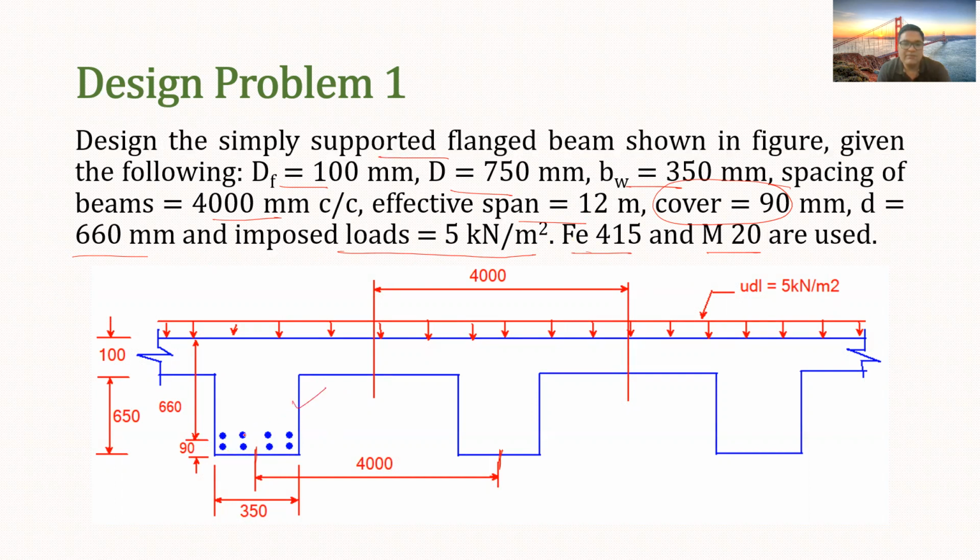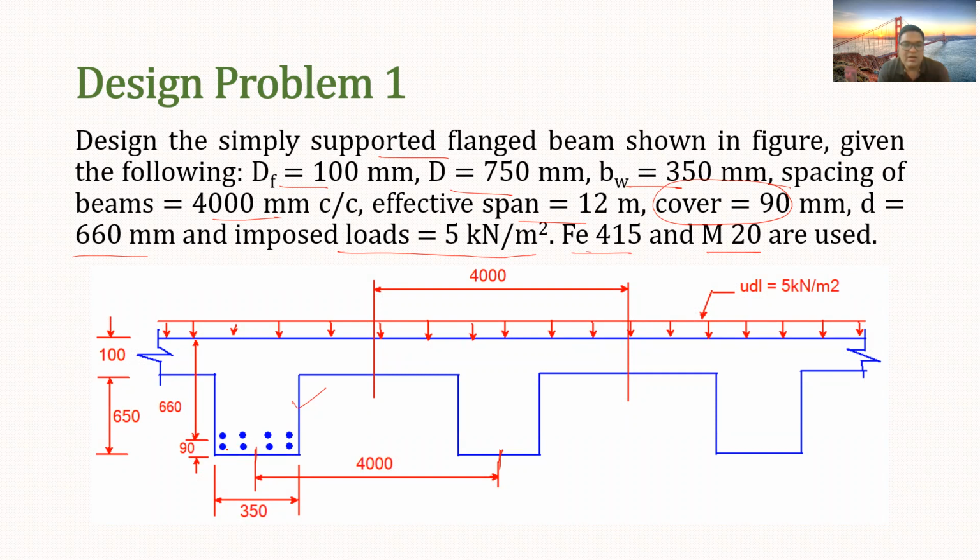Now here, in this case, if we have two layers of the tension bar, because earlier we have seen the problem where we provided only one layer of the tension bar. If we have two layers of bar, then generally we measure effective cover from the center of their CG.